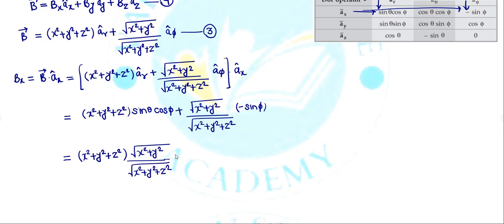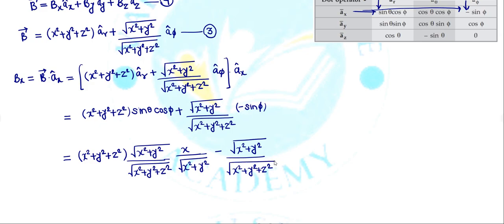Now cos phi, where we have that to be x upon square root of x square plus y square. Okay. Now this minus sign will come over here. So that will be minus of square root of x square plus y square divided by square root of x square plus y square plus z square.